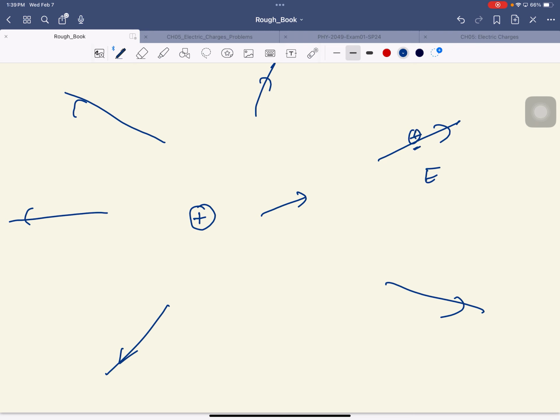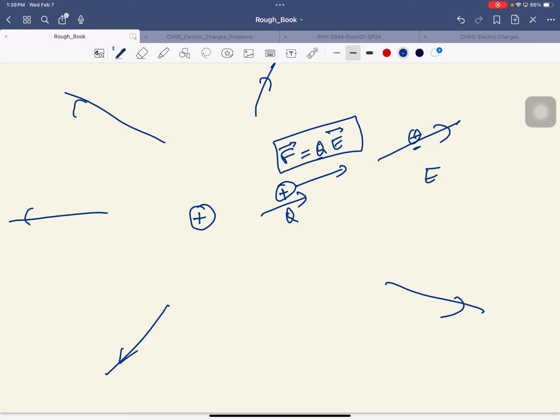It doesn't know what created it. All it's doing is responding to the local conditions. So if this was in Palm Coast, the electric field is stronger and it feels a stronger force. And you'll learn in a second the force is equal to this charge times the strength of the electric field where the charge is.